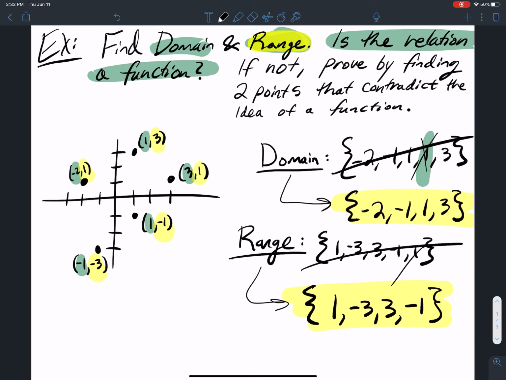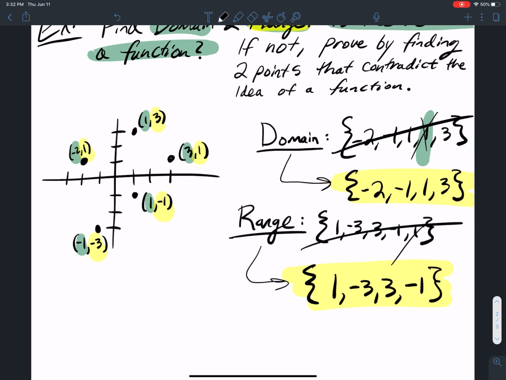All right, so now we've got the domain, we've got the range. The question is, is the relation a function? Now, to ask yourself this question will tell you if it's a function or not by how you answer it. For each x, is there exactly one y? Okay, so each x has one y. So this negative 2, where does negative 2 go to? Negative 2 goes to 1.